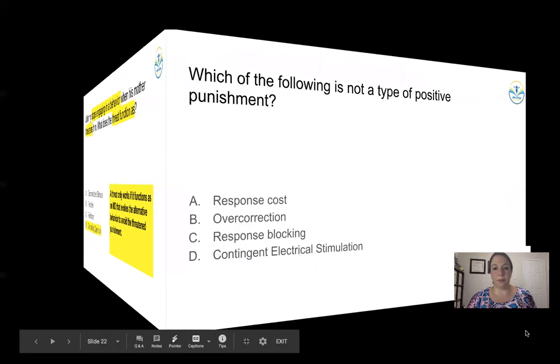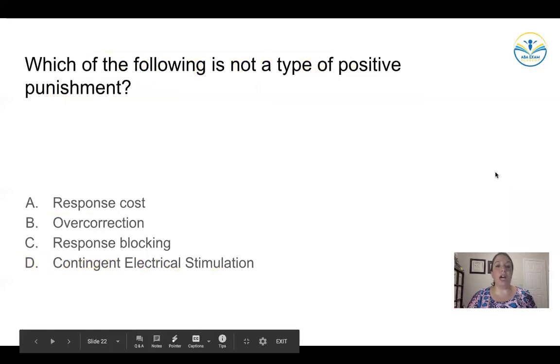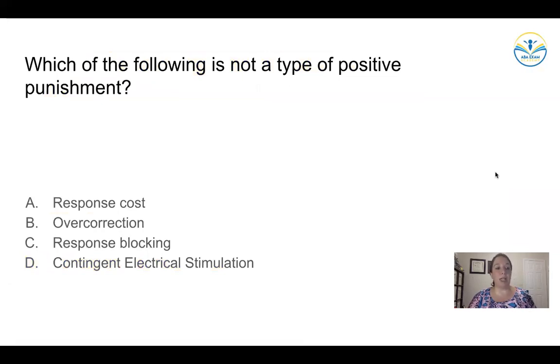You guys did good. All right, which of the following is not a type of positive punishment? A, response cost, B, overcorrection, C, response blocking, or D, contingent electrical stimulation?